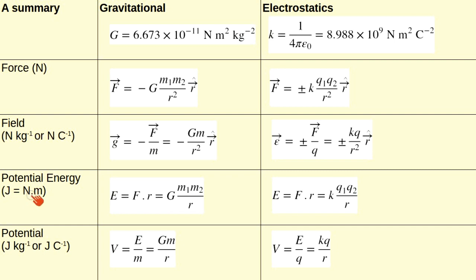Potential energy is joule, which is Newton times a meter, and you have E, which is F times R, which is G m1 m2 over R. Again, we're now into scalars. And the electrostatics is F times R, which is k q1 q2 over R. You can compare and contrast. And the potential, which is a joule per kilogram, here is Gm over R, and here the voltage is kq over R. And that finishes the presentation.